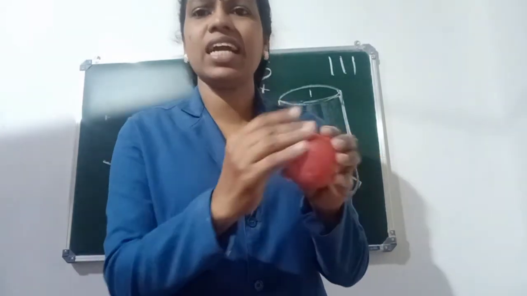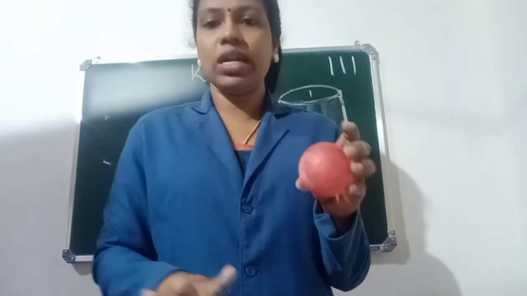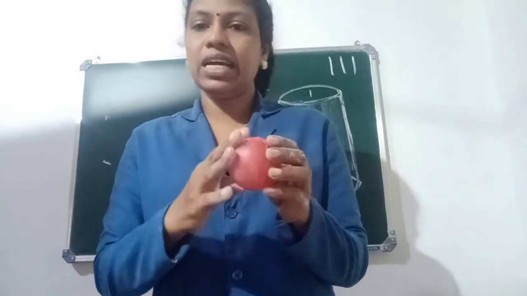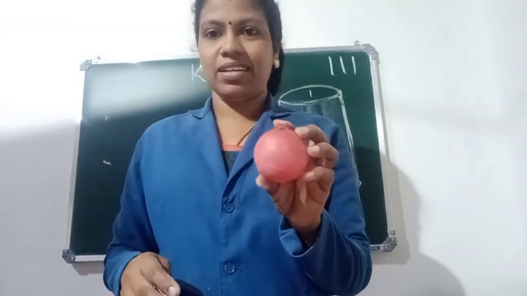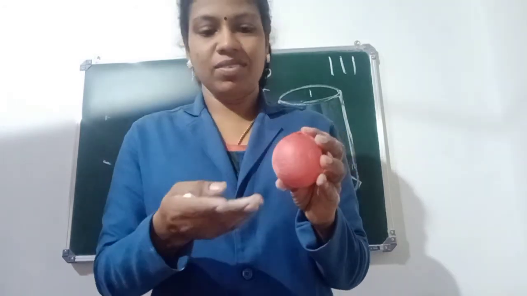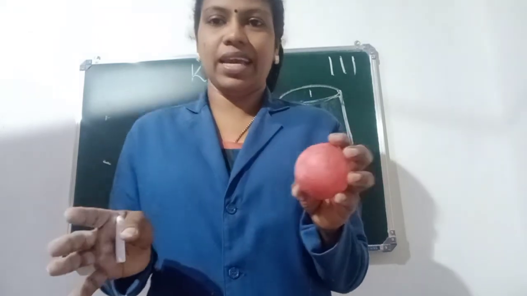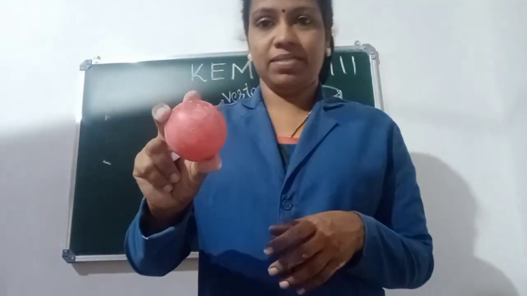It is just a curved surface only. No face. Okay, curved shape only. Clear? Any vertex, corner? No. Okay. Cricket ball is an example for a sphere.